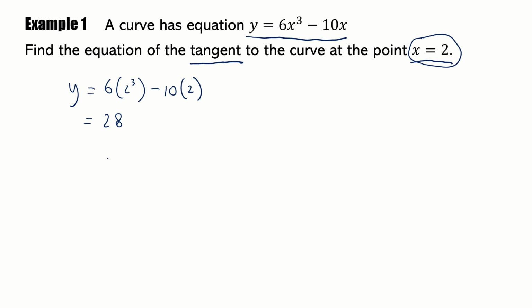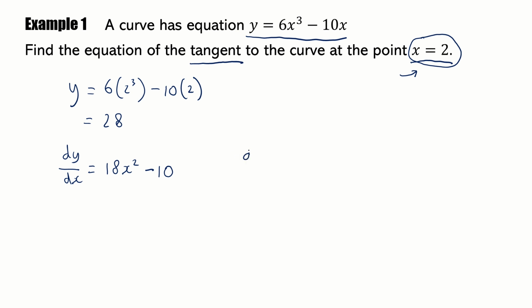And then we're also going to need to find the gradient of the curve at that specific point, because that's the point at which the tangent will share the same gradient as the curve. So to find the gradient of the curve, get differentiation involved. So times by the power, take 1 off the power, but hopefully you are aware of the quick trick, which is basically however many lots of just x, or x to the power of 1, you just get rid of the x when differentiating.